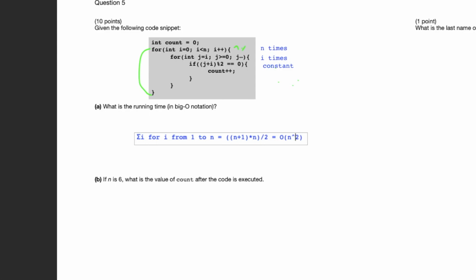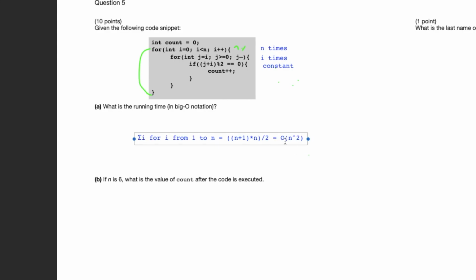So we run something inside that takes as much time as the element i, and that's ever increasing. We run that all the way to n, so that means the running time is n squared.